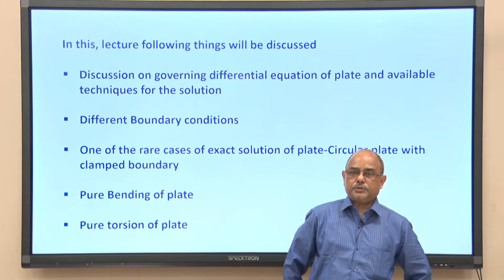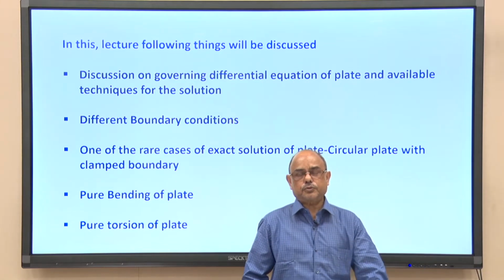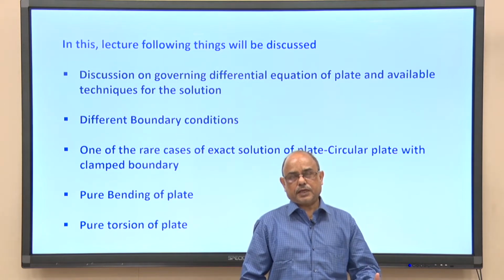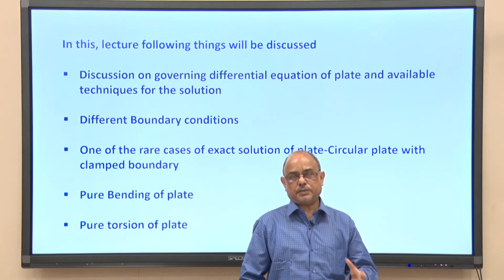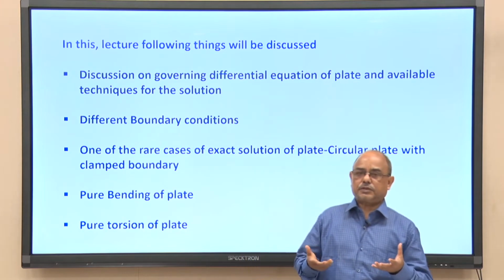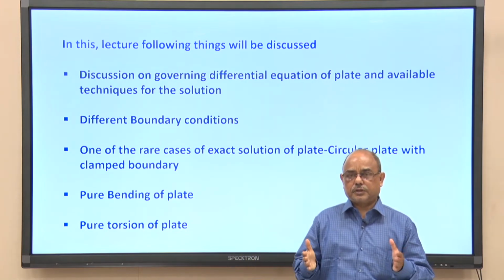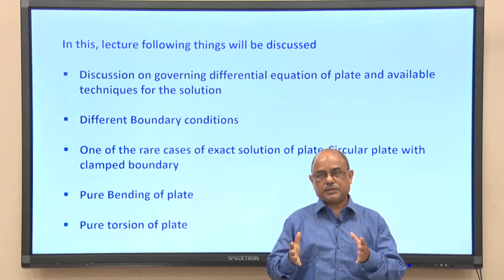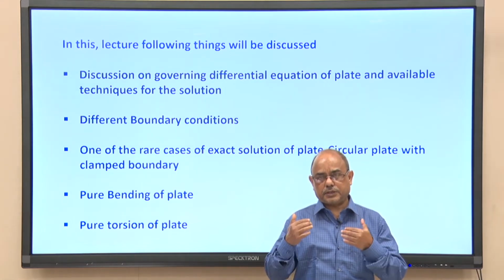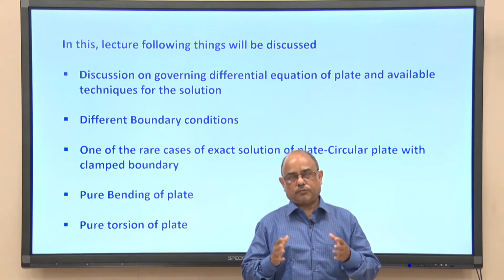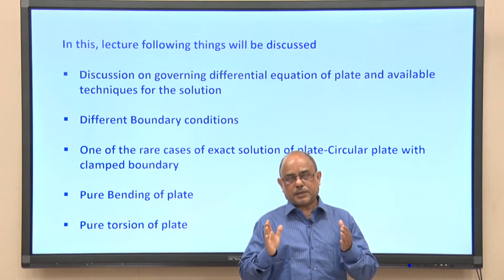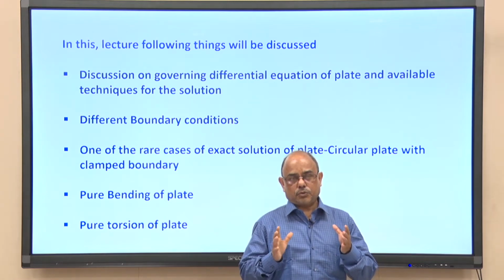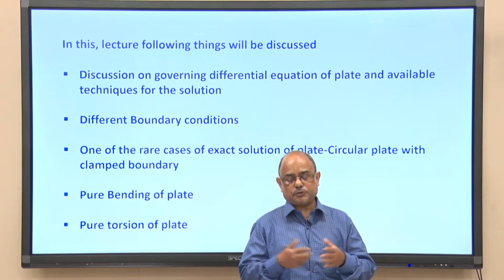Then there are some cases where the closed form solution is readily obtained. A very simple function is chosen and that function is seen to satisfy the boundary condition as well as your differential equation. So, nobody can deny that this function is not a correct solution, it will yield an exact solution, but there are some specific boundary conditions and specific loading for which only this is possible.